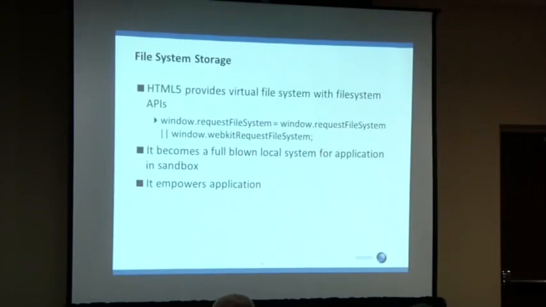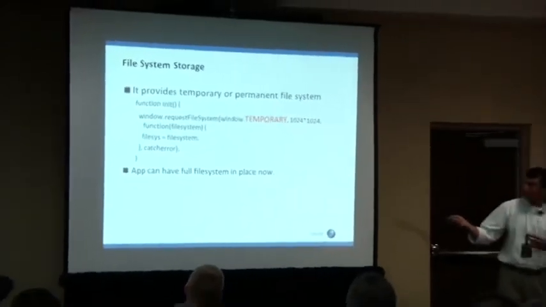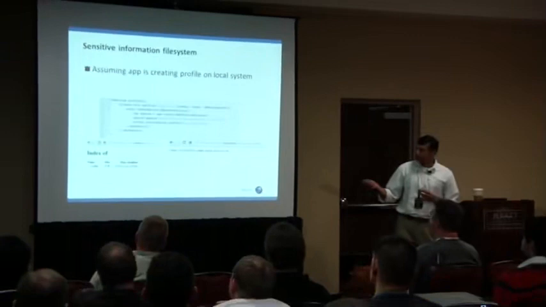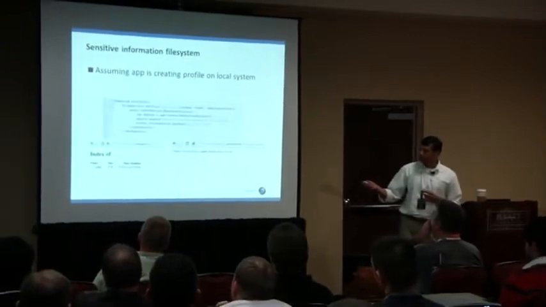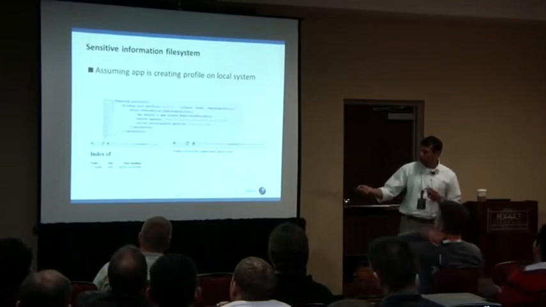Another one is the file system. You can create a file system on the fly, and this is a way a developer can create a virtual file system in the browser. This is a temporary file system which is created with typical JavaScript. For example, a token file is created and some tokens are stored. If you look at the file system local storage, you can see this file.